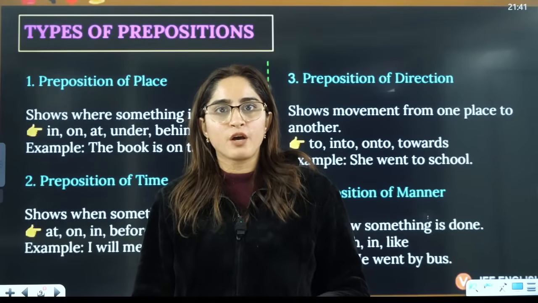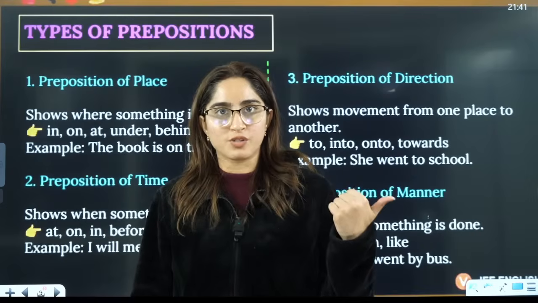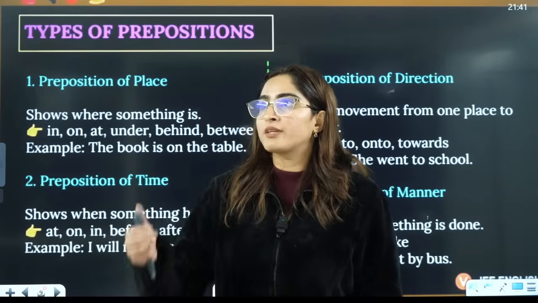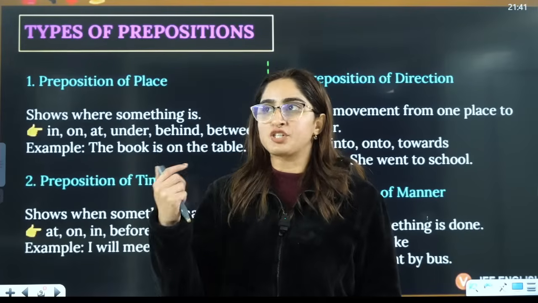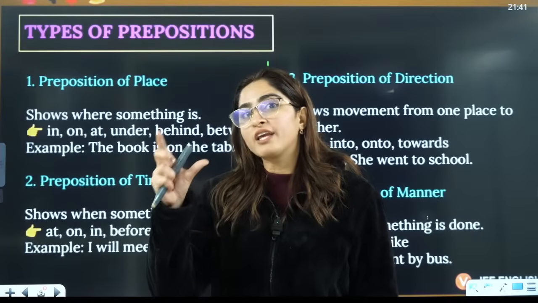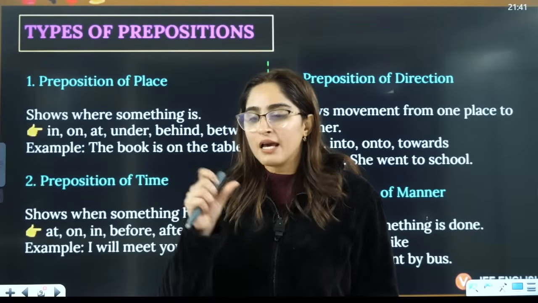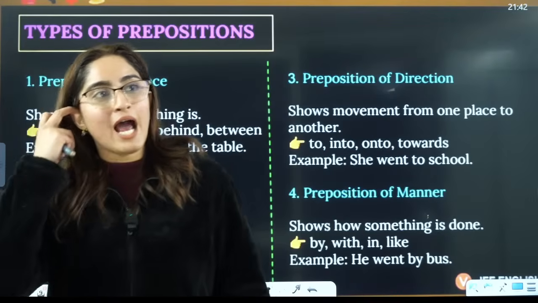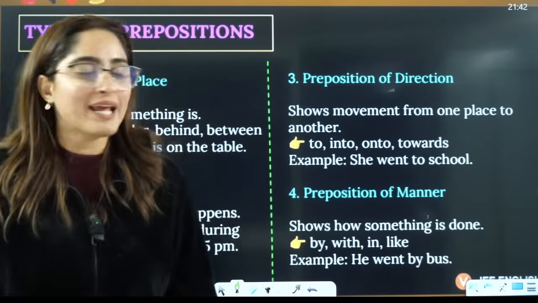You will not say I am at the house when you are in the house. But for things like I am at the railway station, I am at the bus stand, some specific or famous thing, that is at. Some location you are giving, right? I am at this location.